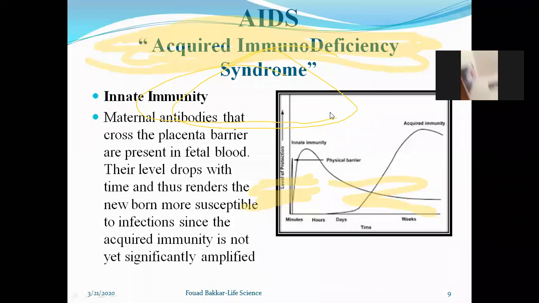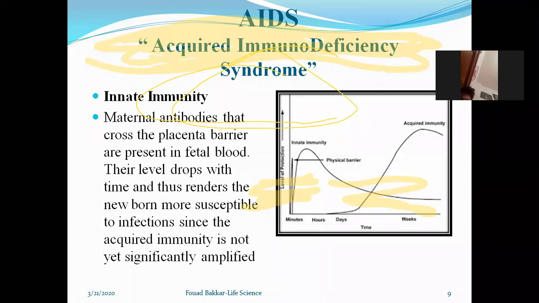For those who were not attending yesterday, you can see at this moment, which is very critical, the level of maternal antibodies is dropping, while the level of your own antibodies, those produced by vaccination or by exposure to the environment, is still low.